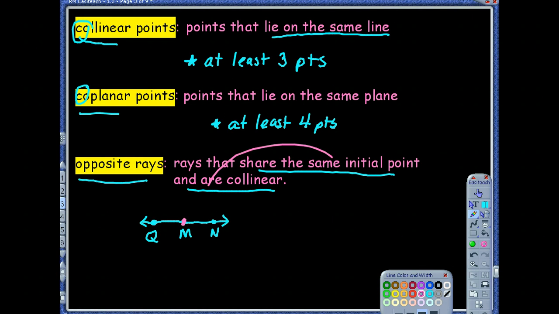This is that same initial point. So you have ray MN, and I'm going to name it with my shortcut notation. Absolutely. And then ray MQ. Those are going to be considered opposite rays because they have that same initial point and they are collinear. They're on the same line. Perfect. And notice in the end, the opposite rays make a straight line.